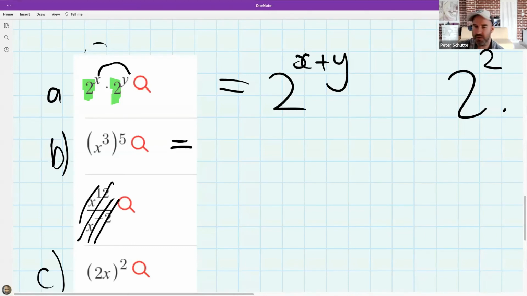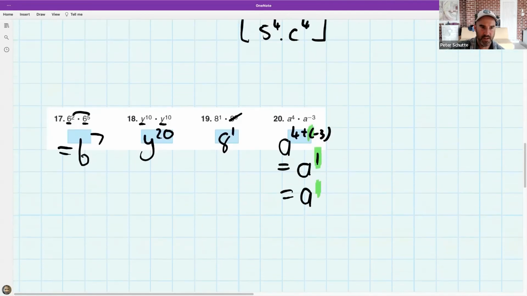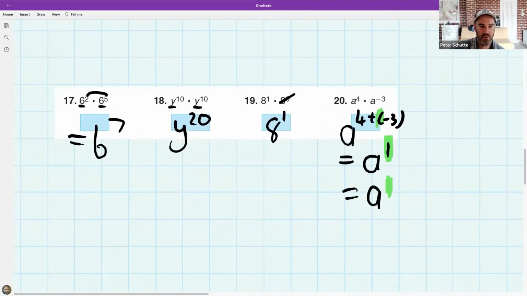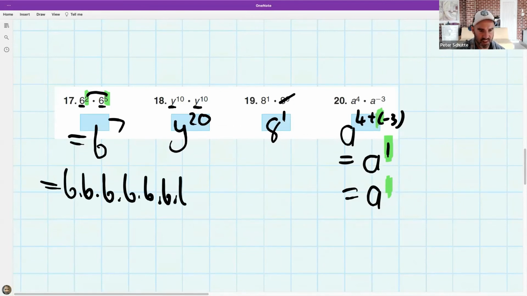So when we had 6 to the 2 times 6 to the 5, notice how the powers aren't right next to each other. The powers are separate, and we're multiplying 2 things here. In that situation, you add the powers because you're just repeating whatever was there.